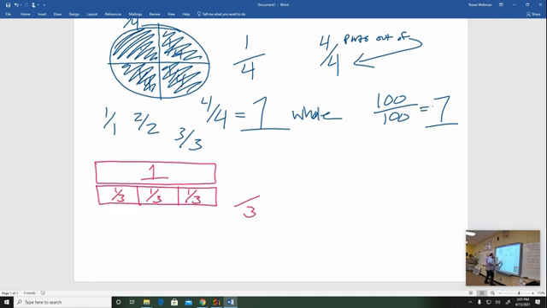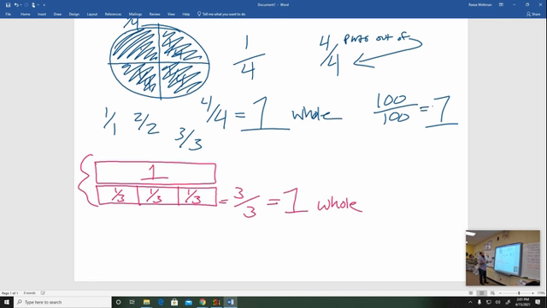If we write out the entire thing, 1/3 plus 1/3 plus 1/3 would equal 3/3, which equals 1 whole. You can see that because it matches up with the one whole above it. They look the same.